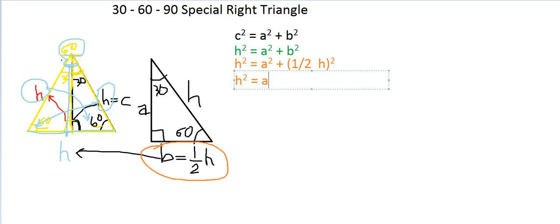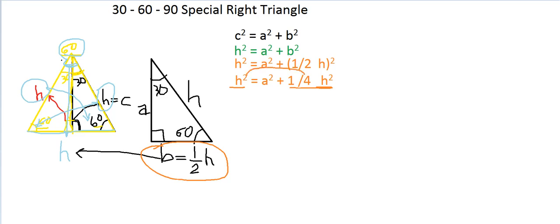This is H squared is equal to A squared plus 1/4 of H squared.